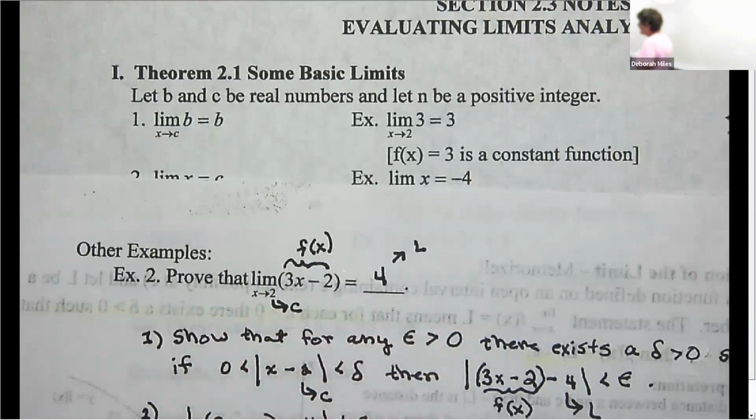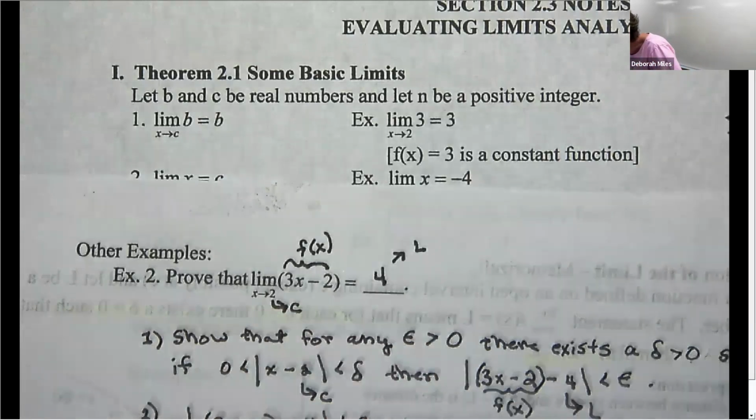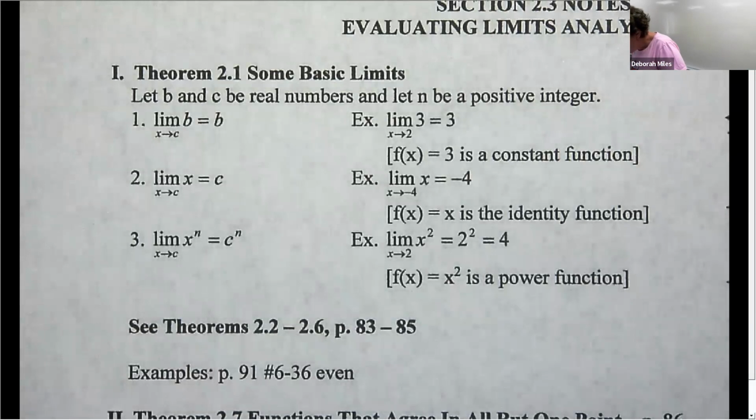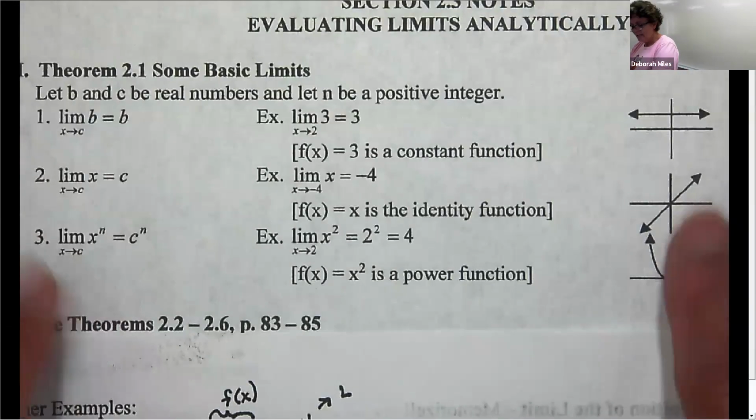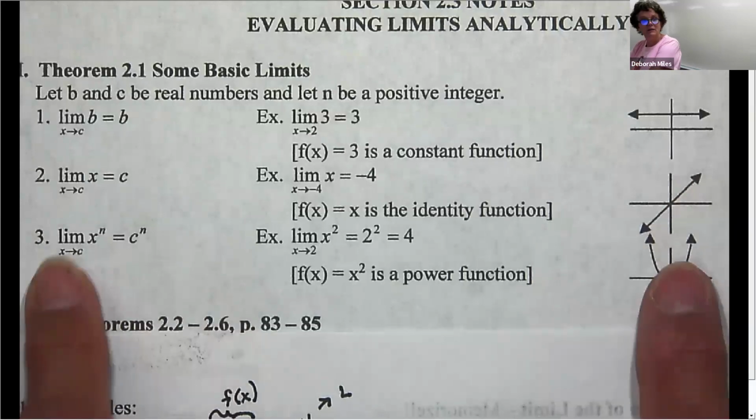As a matter of fact, as long as there's not a hole in the graph or a vertical asymptote or that crazy fluctuation going on, you can find limits by direct substitution. That's what we're going to call just plugging in the X and getting the Y. So let's look at these 3 examples, and then we'll talk more about direct substitution.